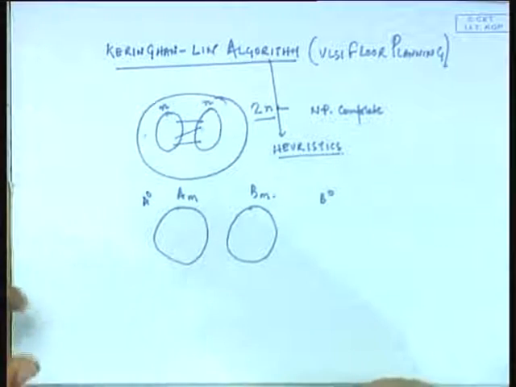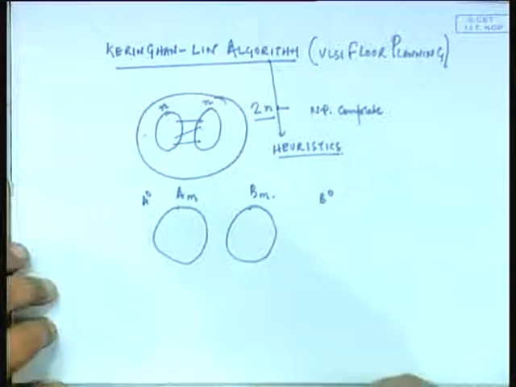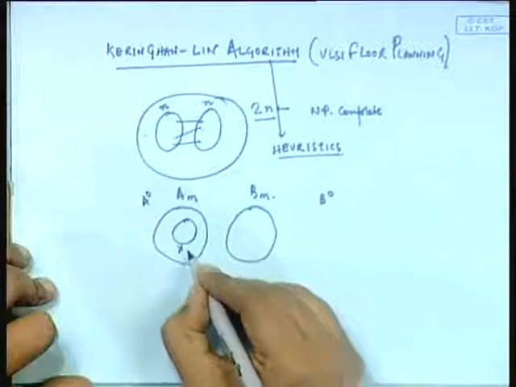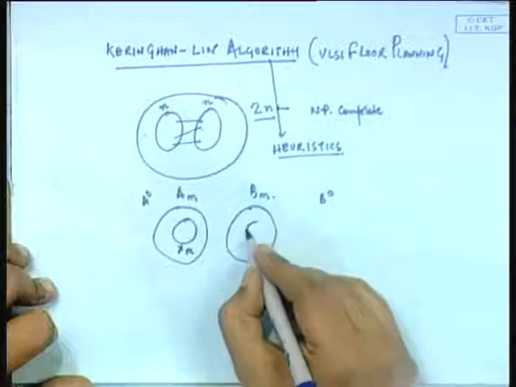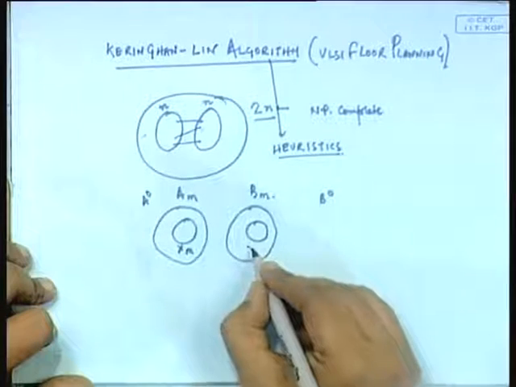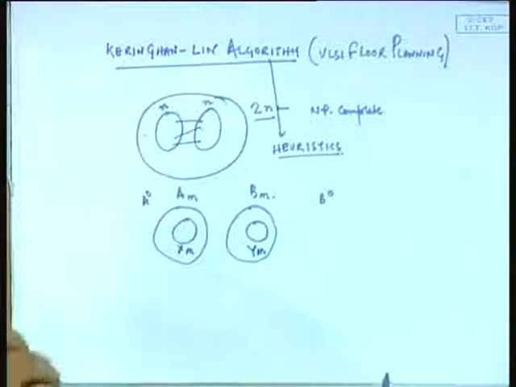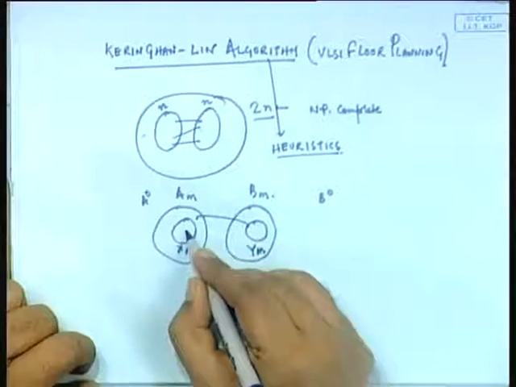I am showing a dynamic iteration point AM and BM. Now, this is say XM and this is YM. Through some mechanism, you identify a subset XM and a subset YM and interchange.